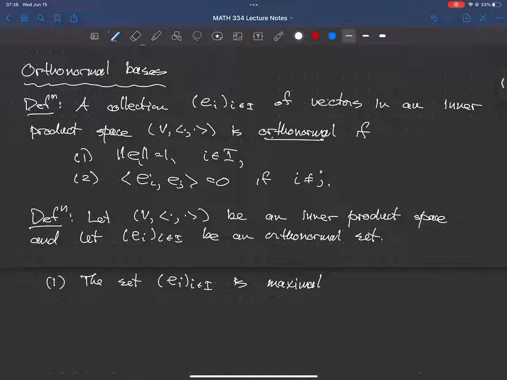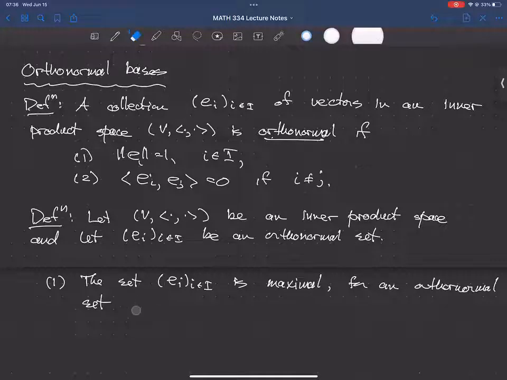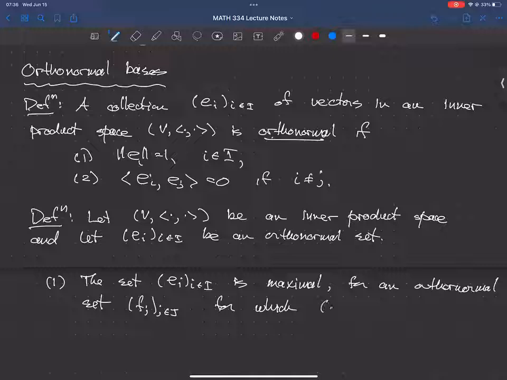So it's maximal if for an orthonormal set, sorry, f_j, for which the e's are contained in the f's, we have that these families of vectors are in fact the same.